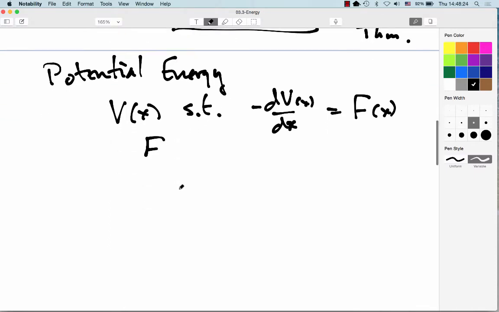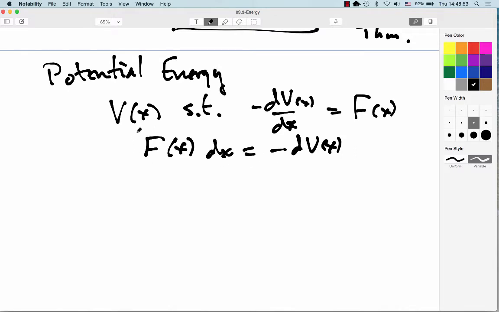So we'll have f of x dx equals minus dV as a function of x. All right, and we really do want this potential energy to just be a function of the position alone and not care about the actual path we took to get there.